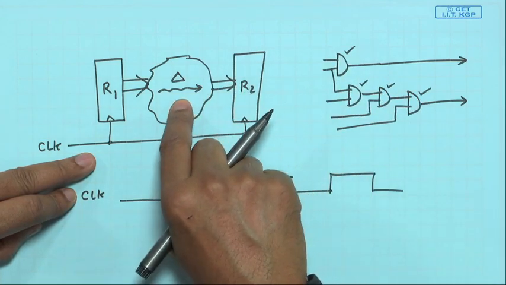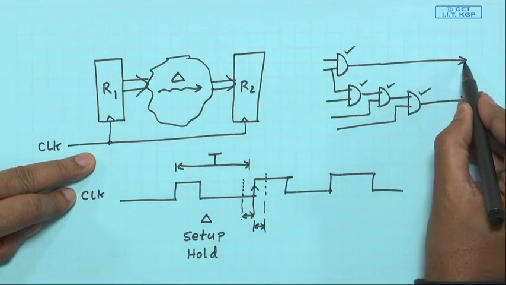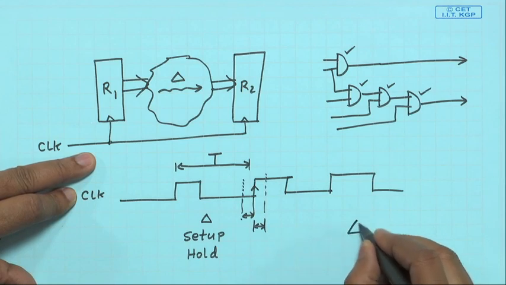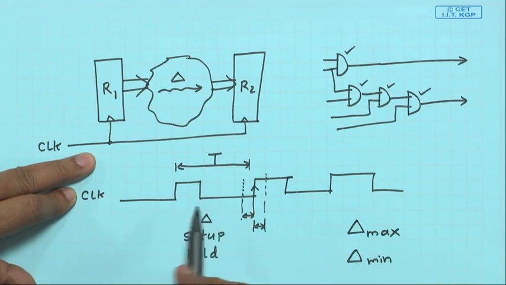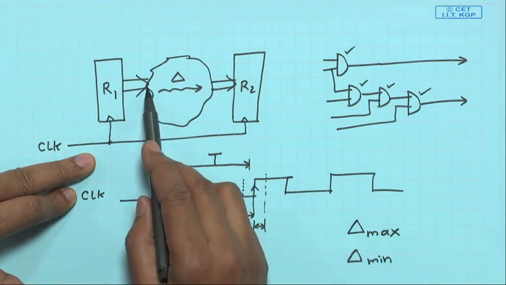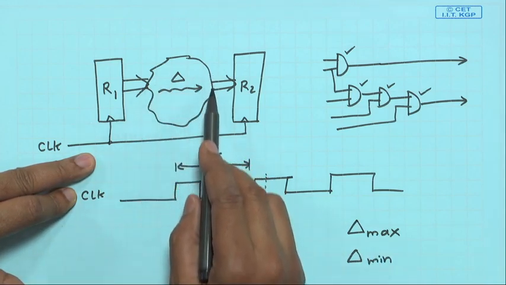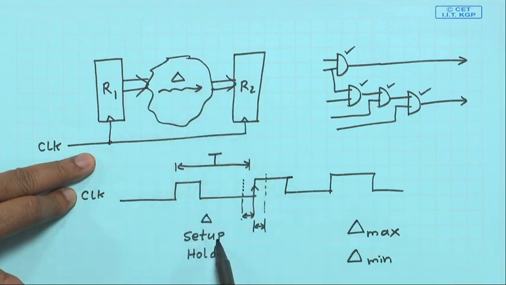This is called a short path constraint, because the short paths can create a problem here. So, you will have to consider two cases, delta max and delta min. When you talk about the setup time, you need to consider delta max, that is, the maximum time that may be required for the output to become stable, and after that you have to give a time of t setup.